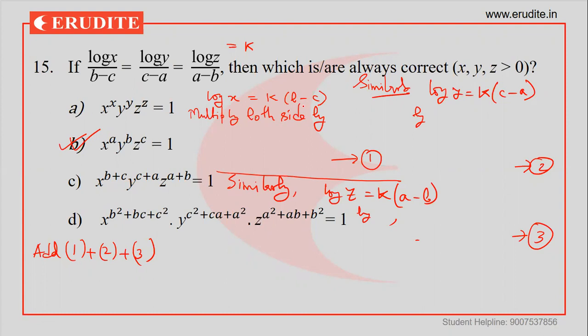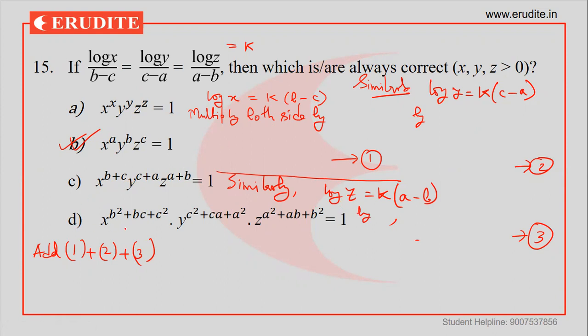Then c plus a, like that. Means what would be happening? b square minus c square, c square minus a square, a square minus b square.